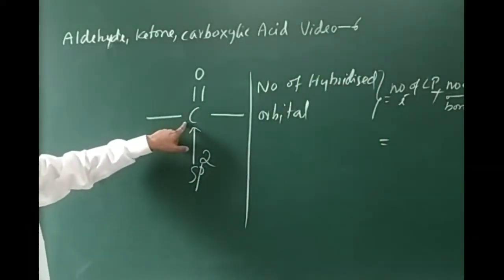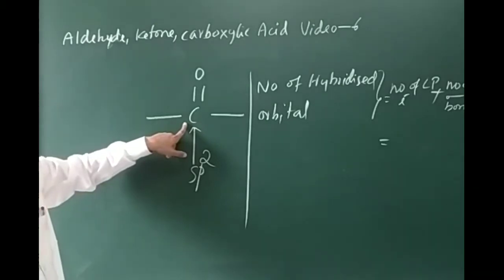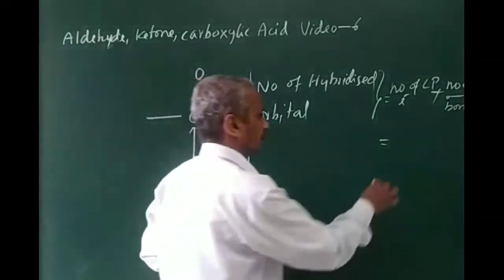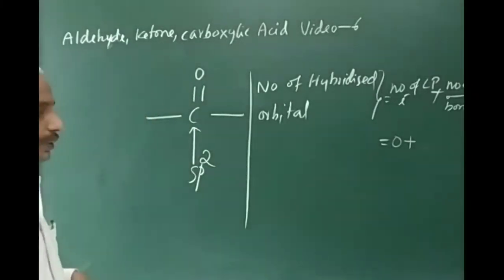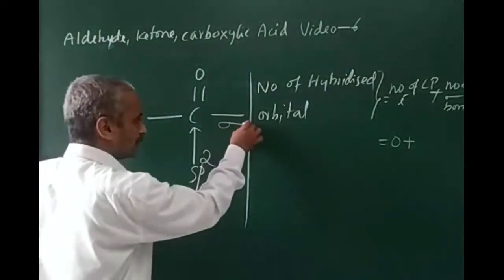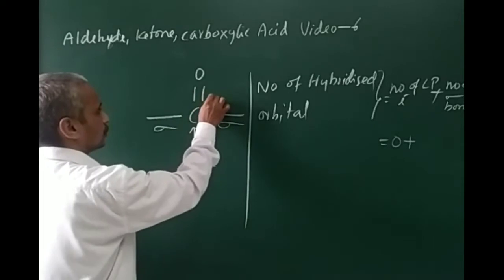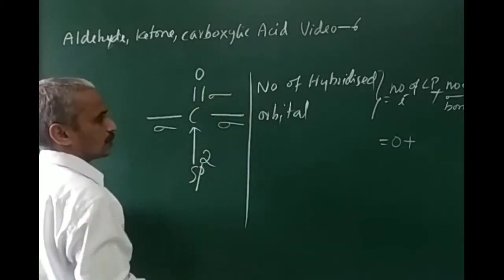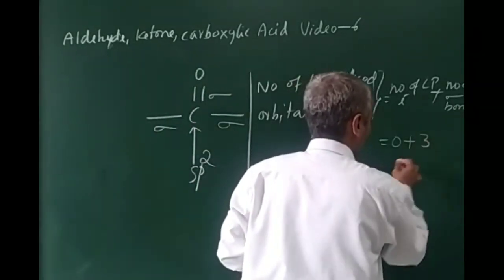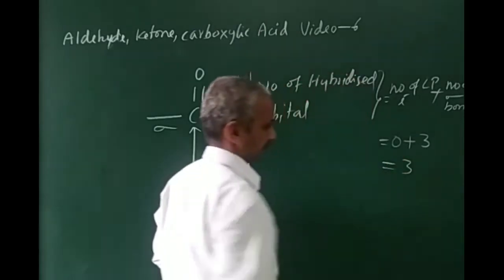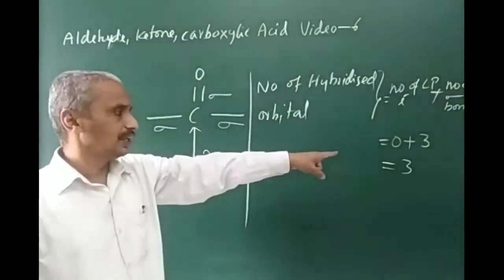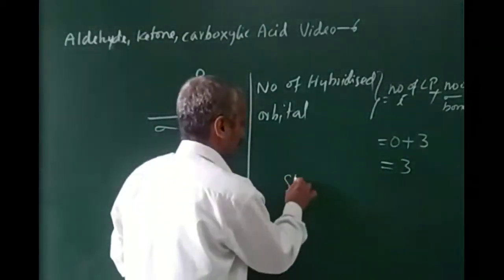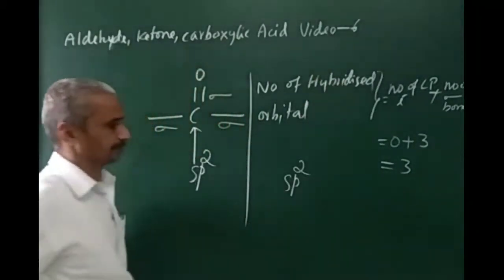In this carbon there is no lone pair of electrons, so the lone pairs are 0, and there is a sigma bond here, here, and here. So 3 sigma bonds are there, means 3. The number of hybridized orbitals is 3, which is given by sp2 hybridization.